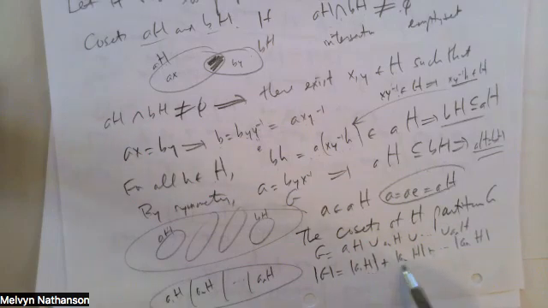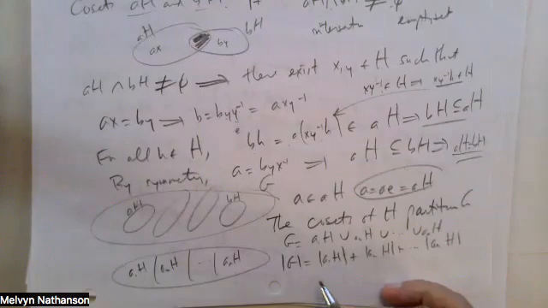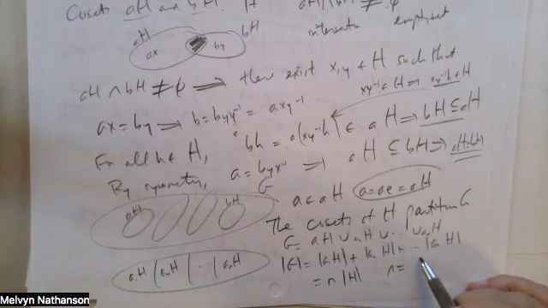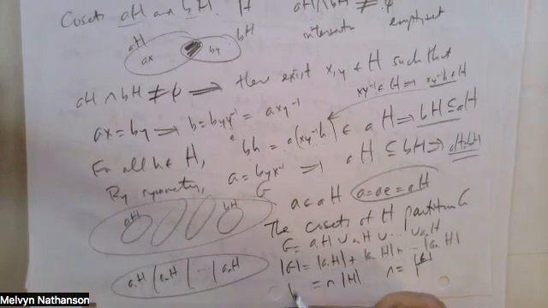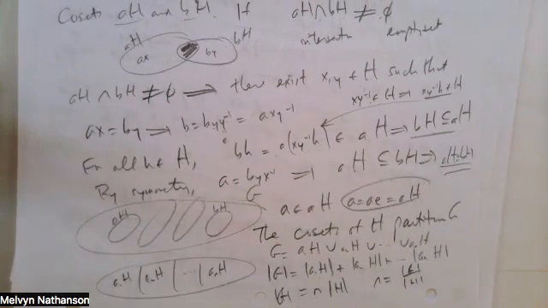But each of these translates of H, each of these cosets, has the same number of elements as H. This is equal to R times the order of H, where R is the number of cosets. R is the order of G divided by the order of H. And that's what we wanted to prove.